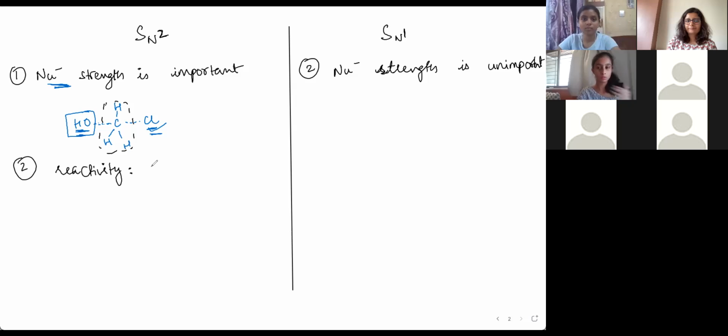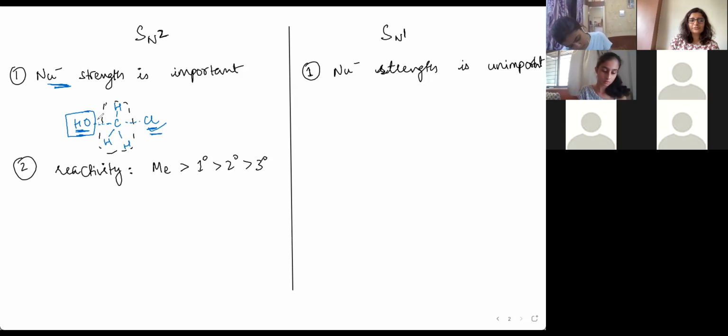Tertiary. Huh? SN2? Methyl. Oh, primary. It's primary. SN2 है, like you need space over here. So methyl will be the highest, followed by primary, followed by secondary, followed by tertiary. Tertiary अगर bulky है तो there is no space for the nucleophile to attack this carbon.